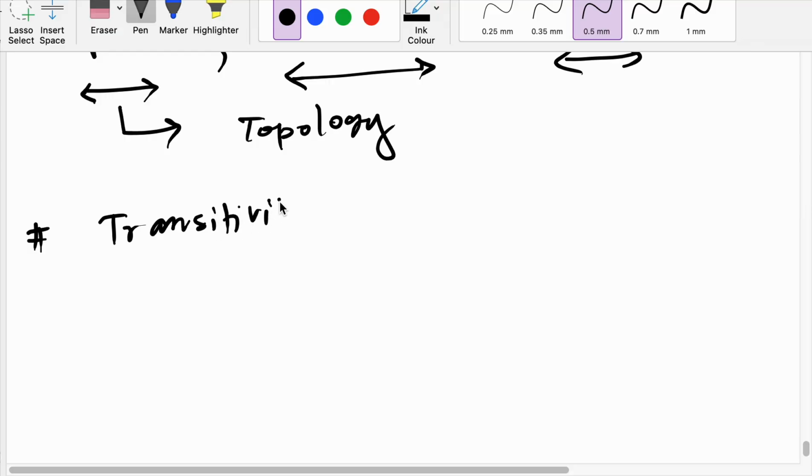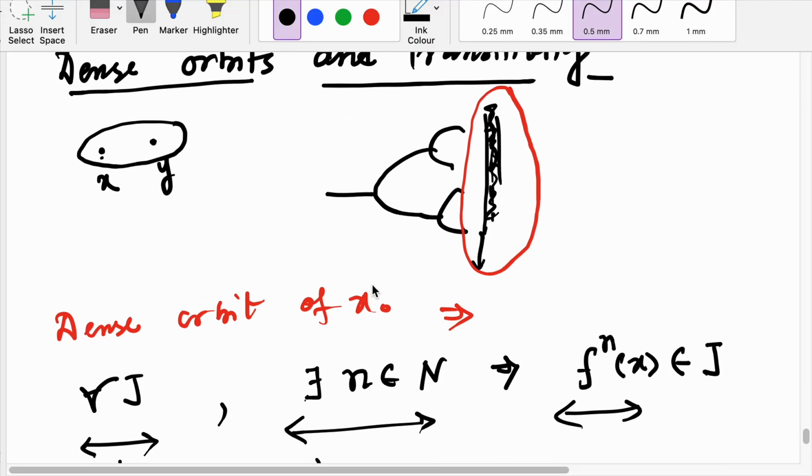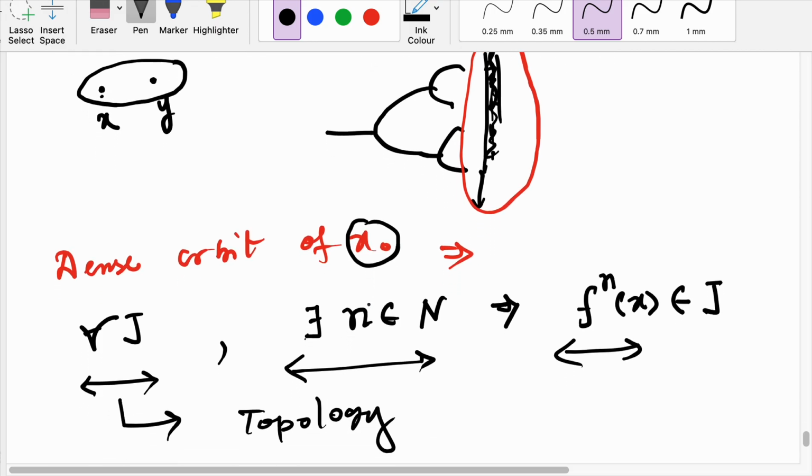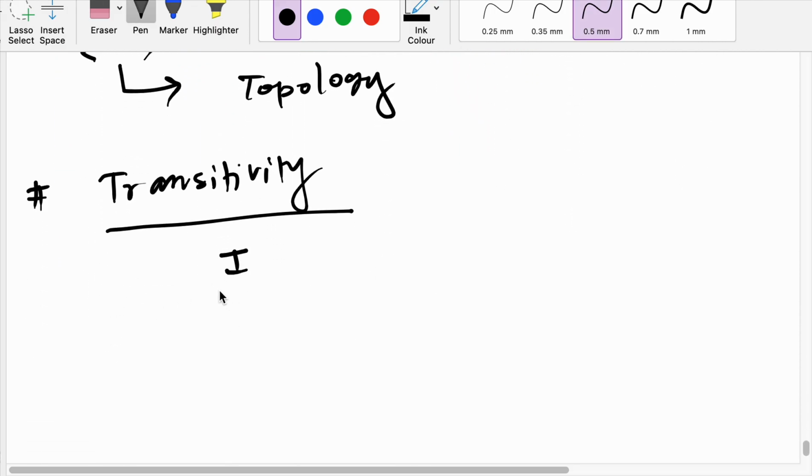Transitivity means, not a single point as here, but instead I will choose an interval, suppose I. If I iterate all the points from this interval, then at some n, this interval and the chosen interval will intersect with each other.